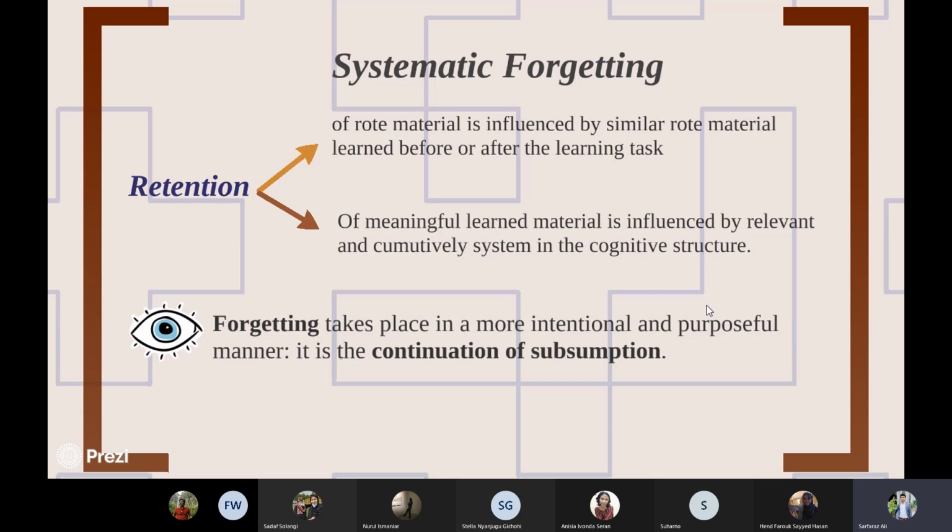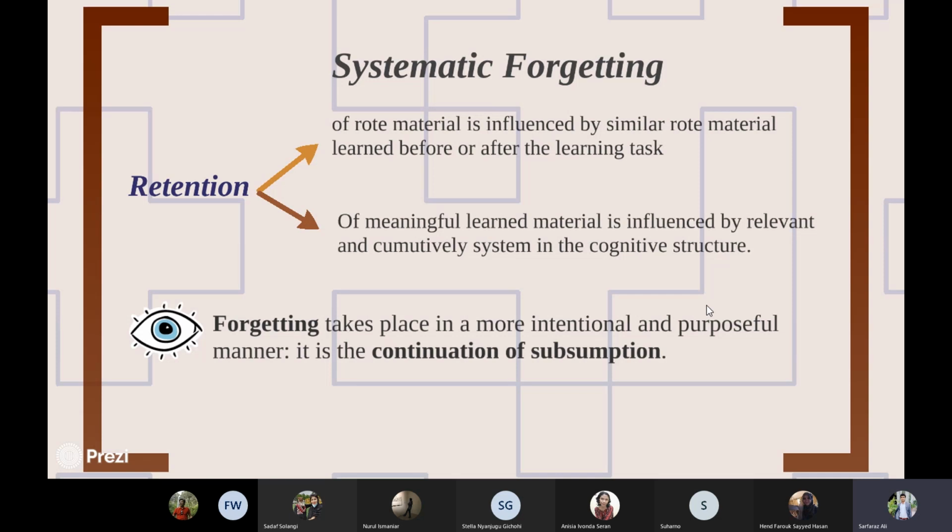Here comes systematic forgetting. How does that occur? You might be thinking that sometimes we remember some information and then suddenly forget it.